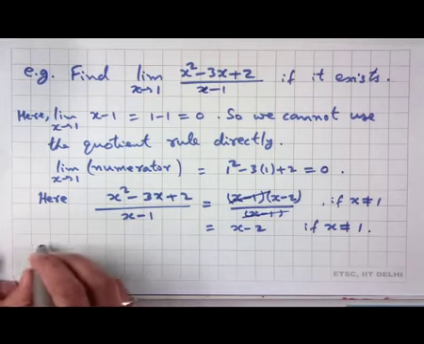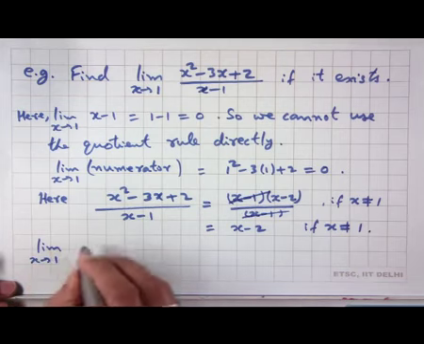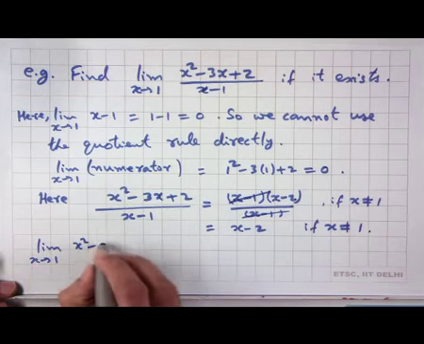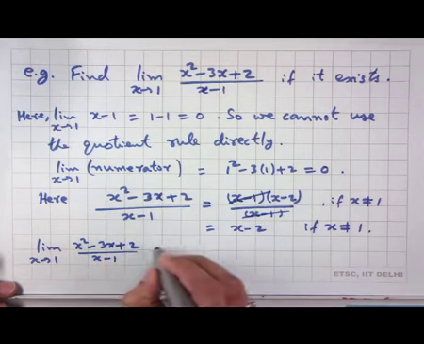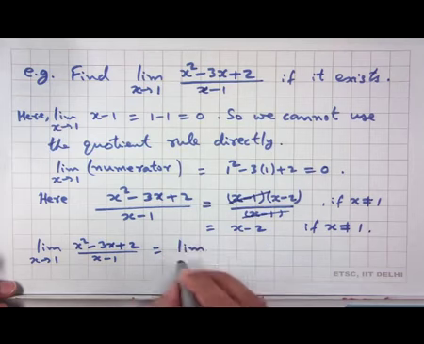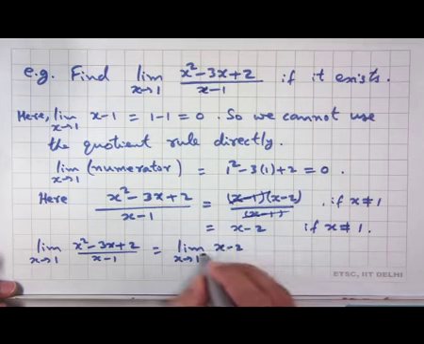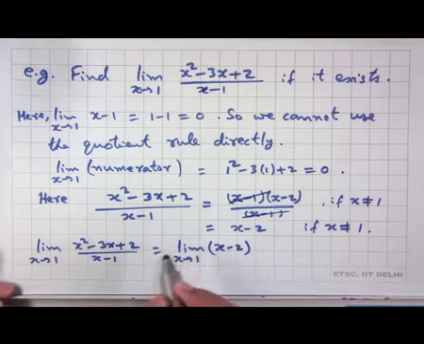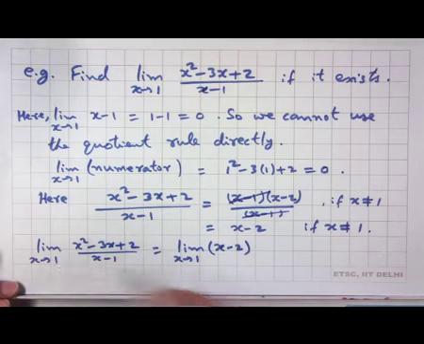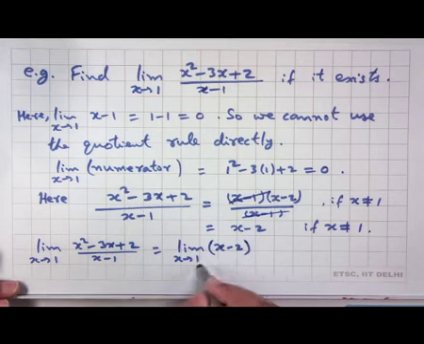So, the limit as x tends to 1 of x square minus 3x plus 2 by x minus 1 is the same thing as the limit as x approaches 1 of x minus 2, because remember that while calculating the limit we do not have to consider the value of the function at x equal to a, we only need to know when x is sufficiently close to 1.